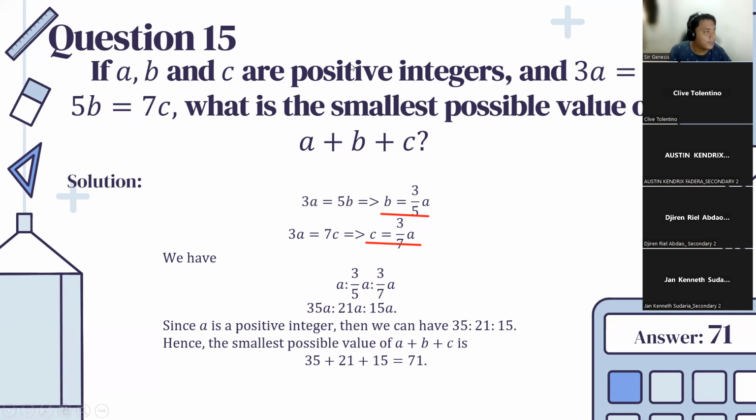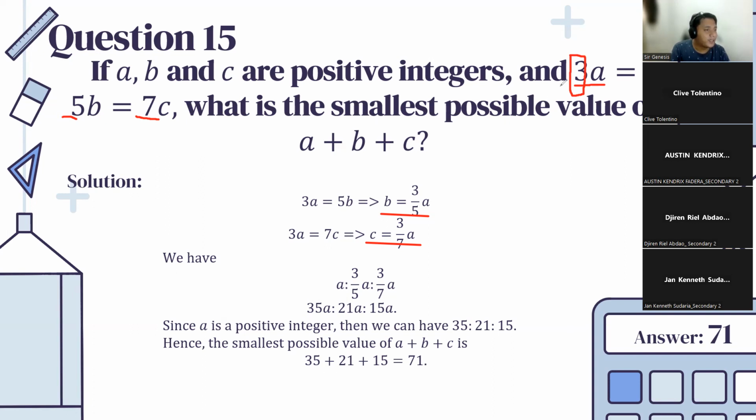So there are other ways to solve this, like getting the LCD of 3, 5, and 7. That will be 105. And then dividing by their coefficients.